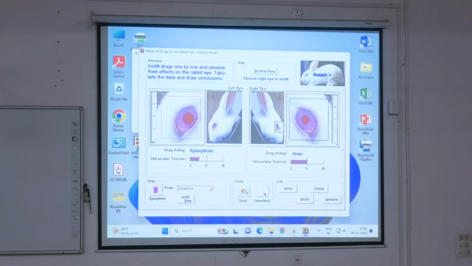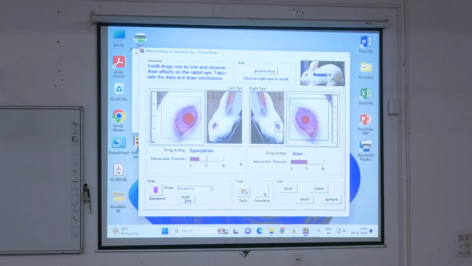You have seen in the normal eye. Here also it is present, so corneal reflex is present in both the eyes, that means corneal reflex is maintained with epinephrine.